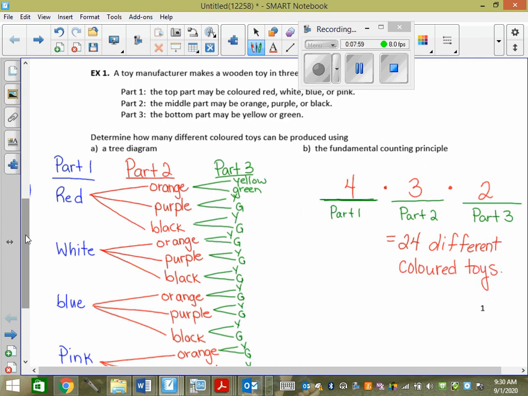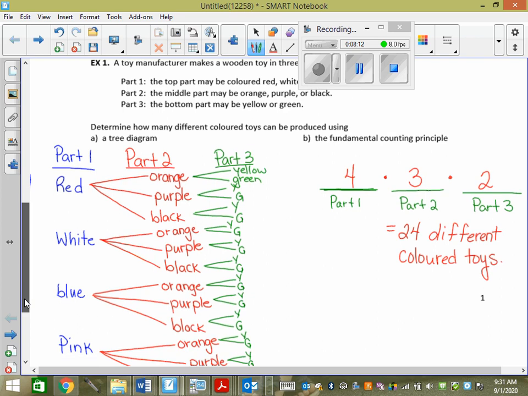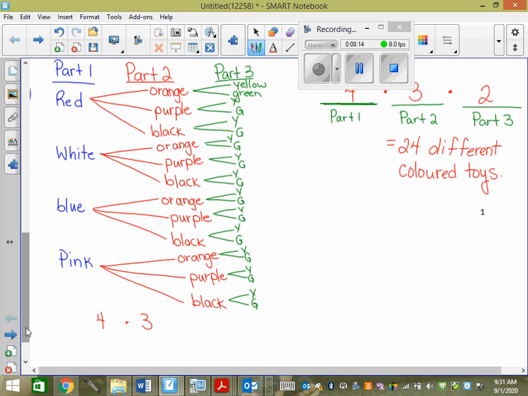So I use the tree diagram just to show you that it actually works and why it works. Because you're taking those 4 toys, you're splitting them into 3 more options, right? So 12 toys, splitting those 12 toys, 2 more options each. So 24. Okay.